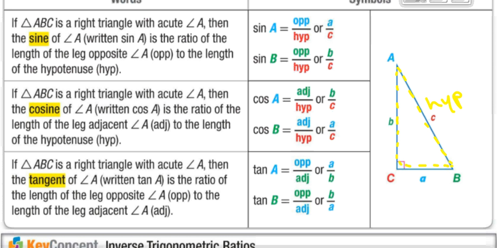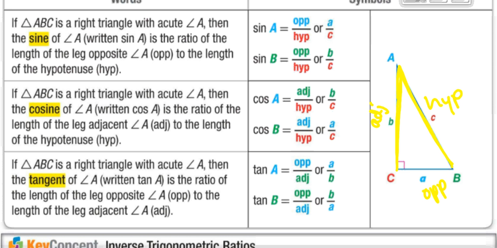If this is angle A, my angle that I'm talking about, this is the hypotenuse no matter what. If I trace angle A, the opposite side is not traced, so it's across from or opposite. And then the adjacent side is part of that angle, but it's not the hypotenuse. So this is the adjacent side.